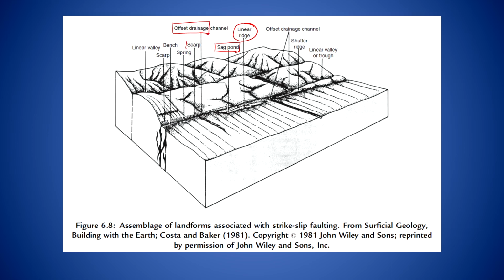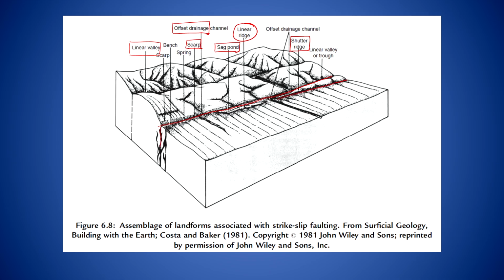Then you will also see formation of scarps, and linear valleys as well as linear ridges. And this is what I was talking about, the pressure ridges, which we also call a shutter ridge. So these are features which you will come across in typical strike slip faults.